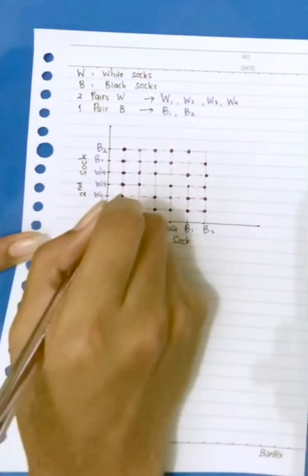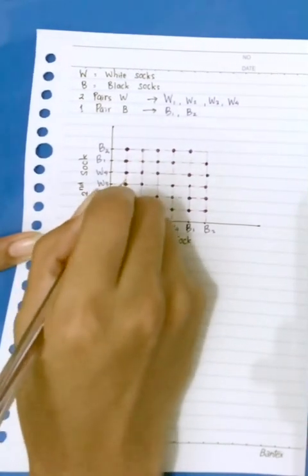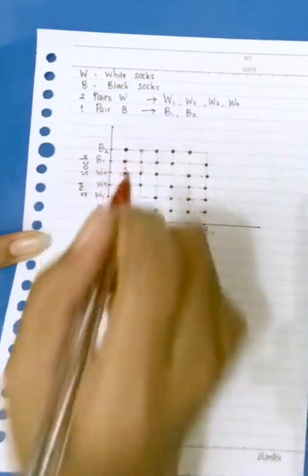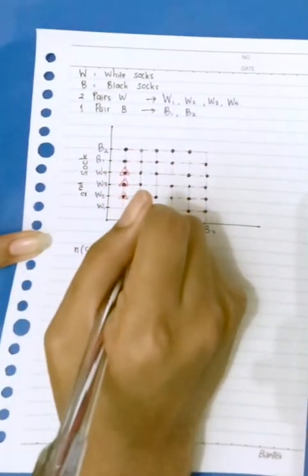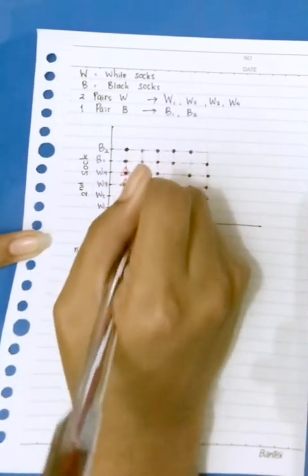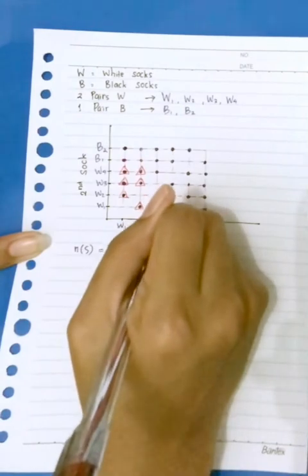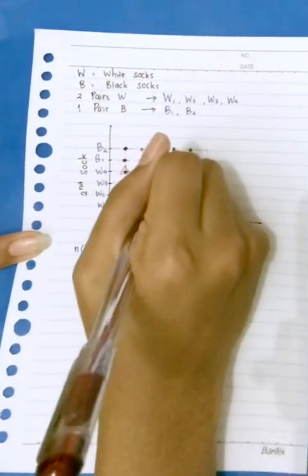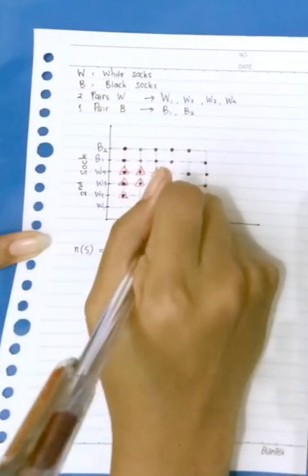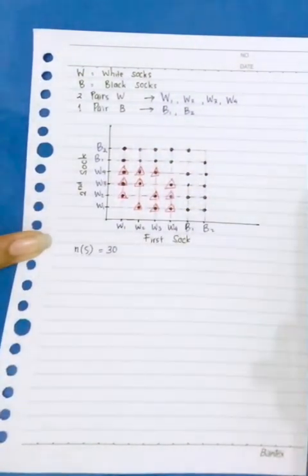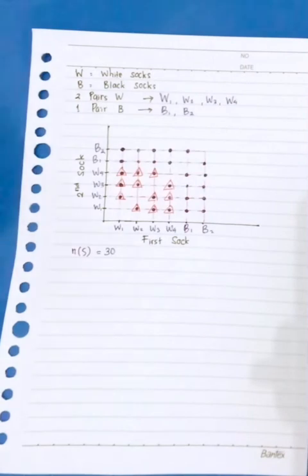W1, W2, this is the same color, white. This is no, so this one is white also. Let's just see all the possible outcomes. So for white, done, right.